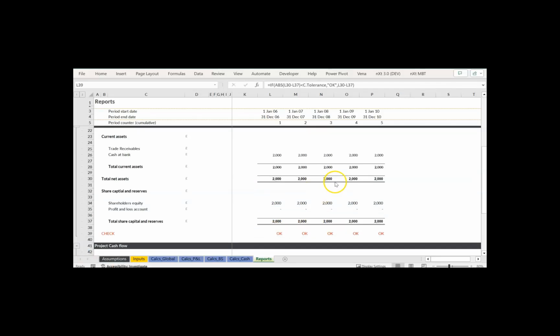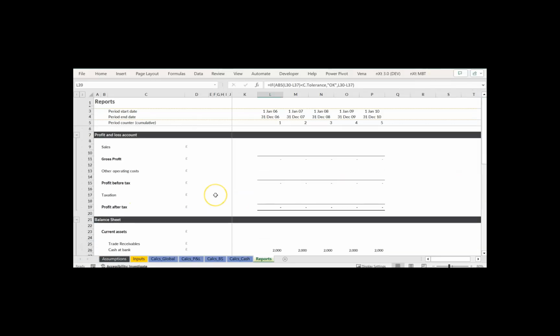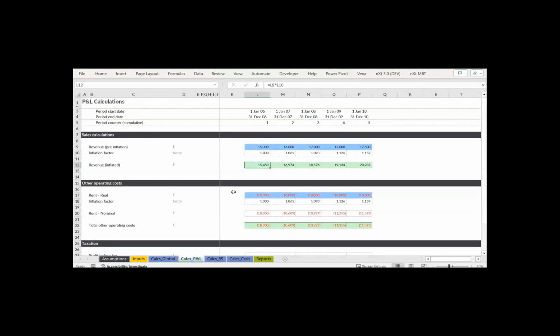Now we can start looking at our profit and loss account. The first thing we need to link up on our profit and loss account is sales. In this template, we already have a sales calculation set up. This is a very simple calculation as we have an input for the revenue in real terms, which we just need to multiply by the inflation factor to get us to our inflated revenue value.